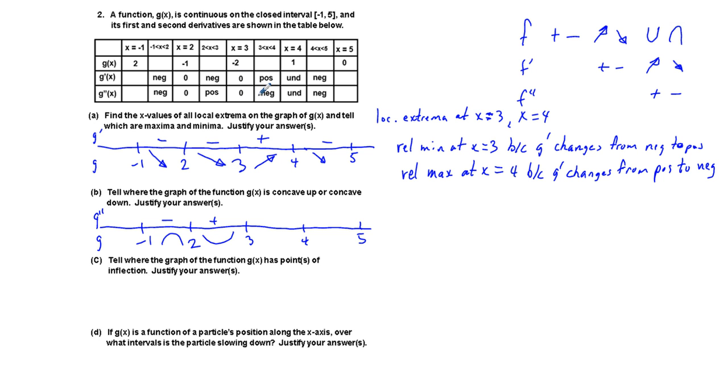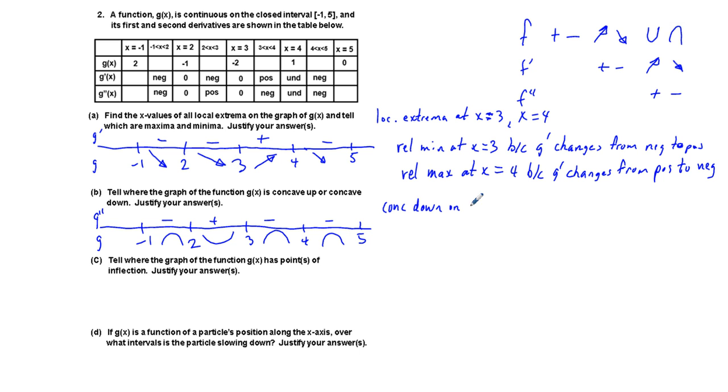Between x equals 3 and x equals 4, we have negative, so we're concave down in this interval. And finally, between x equals 4 and x equals 5, we have g double prime being negative, so we say concave down on, what are the intervals?